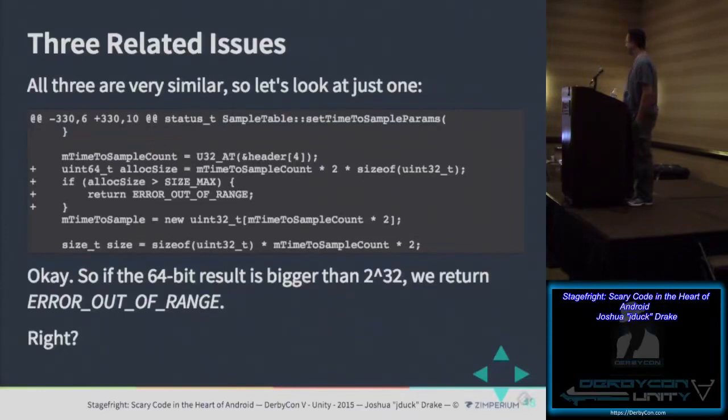We will detect that it's too large, larger than a 32-bit possible value, and then we will say, error. Well, it turns out that when you multiply multiple 32-bit numbers over here, even though this is 64-bit, it multiplies them all out, takes the result of that, then makes it 64-bit. So that was a horrible mistake.